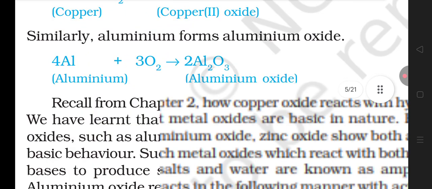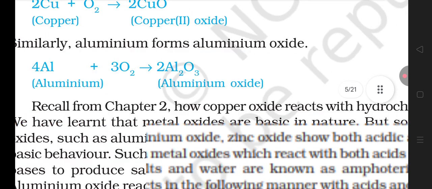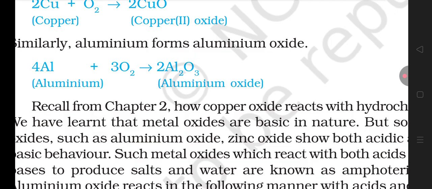To make it 3, we cannot multiply by 1, we have to take the LCM. So we multiply O by 3, so it becomes 3 into 2, 6. Now in Al2O3, O is 3, so here also we want to make it 6. So we will multiply the whole formula by 2, so 2 into 3 becomes 6.